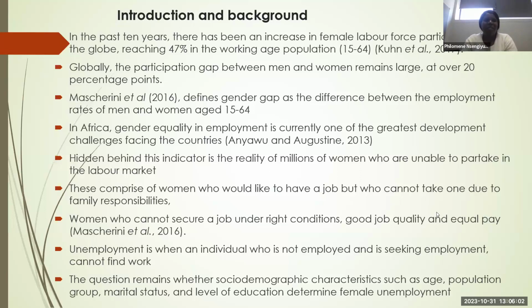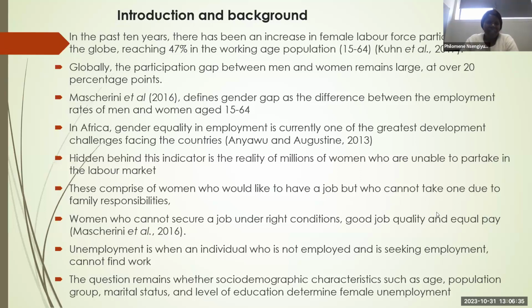Now, globally, the participation gap between men and women remains large. It is currently over 20%. Machireni and colleagues define the gender gap as the difference between the employment rate of men and women aged from 15 to 64.